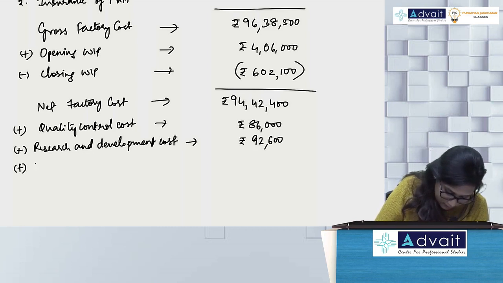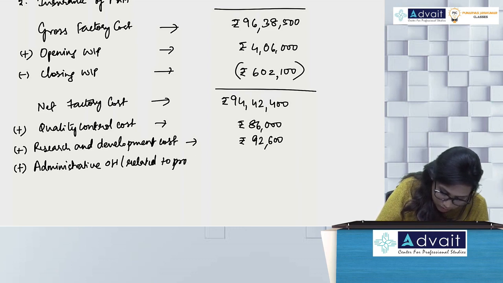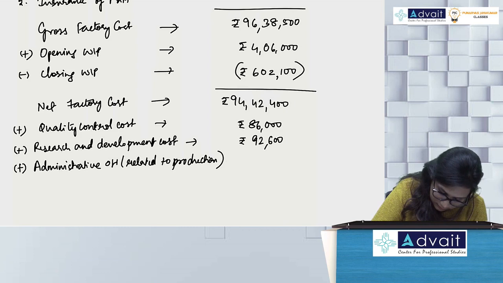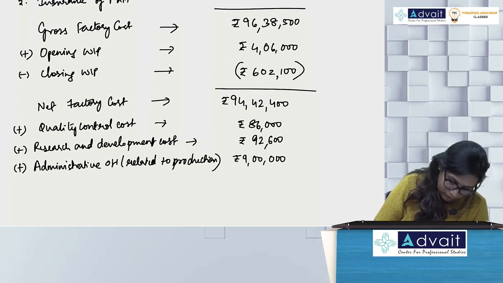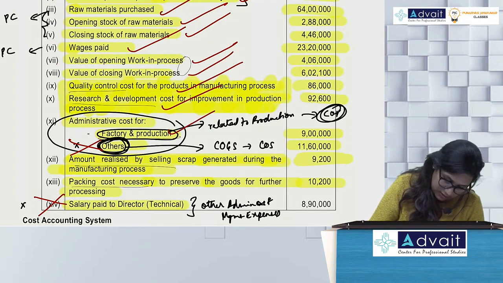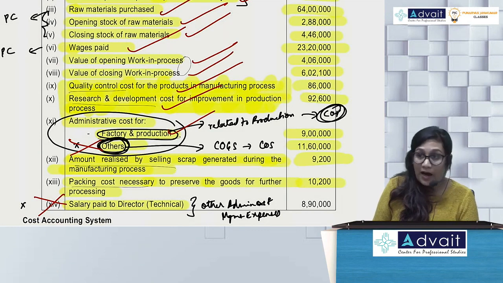Then administrative overheads related to production. How much have they given? 9 lakh. So this is done. 1, 2 done, this done, this done, this done. ये तो आना ही नहीं है, तो ये बाहर निकालते हैं.